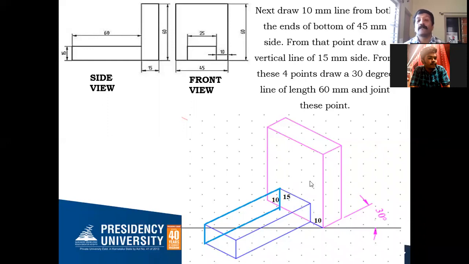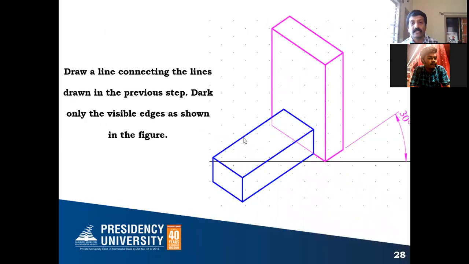It is combined with this vertical rectangle. This is the horizontal rectangle, this is the vertical rectangle. Both are perpendicular to each other. So this is how we have to complete the isometric position of this combination. At the end you can erase the hidden edges and all. Only the visible edges you can show, and even this also should be erased.